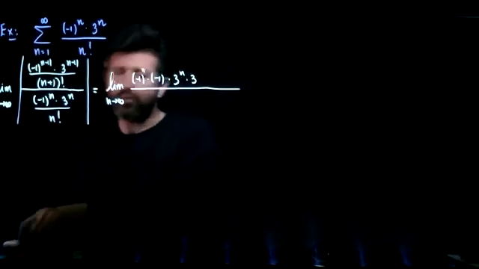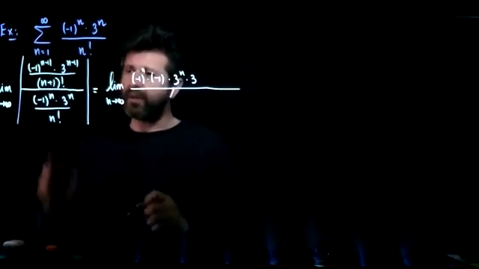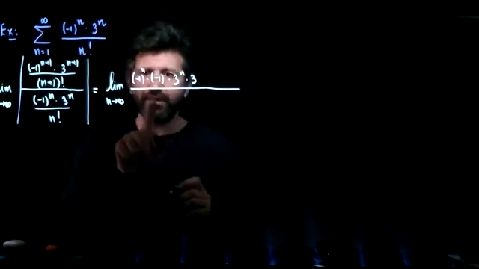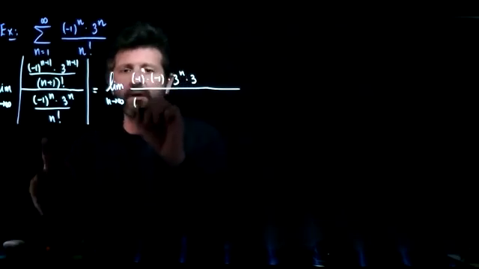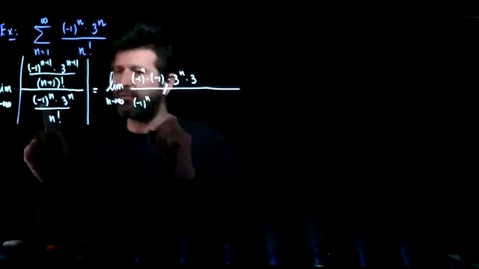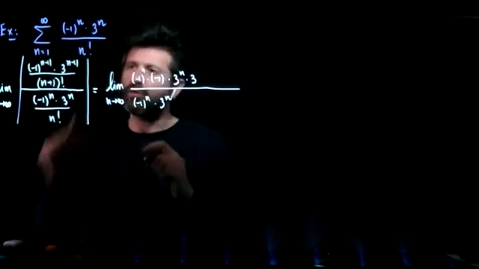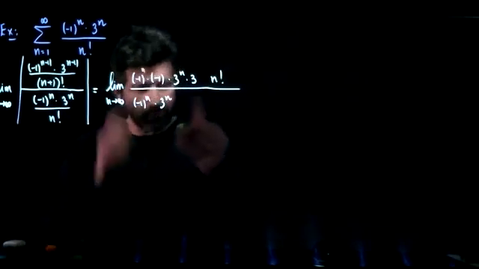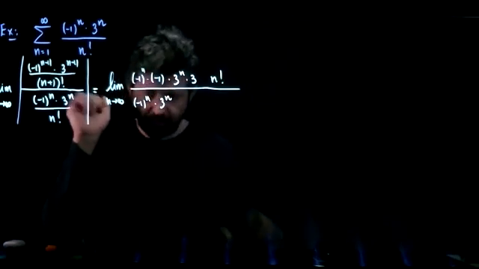Okay, now n plus 1 factorial, let's leave this term for now. Let's put the other terms here. There's an n plus 1 factorial that needs to be put on the bottom. Let's put what's on the bottom, -1 power n, 3 power n, and then the n factorial goes on top. Okay, so the only thing missing here is n plus 1 factorial. Right? You all good with this? You following me?